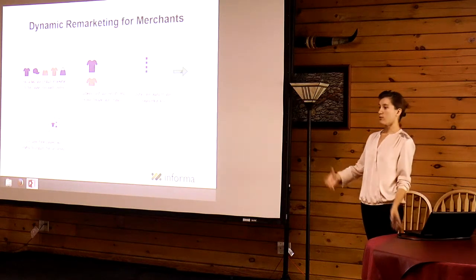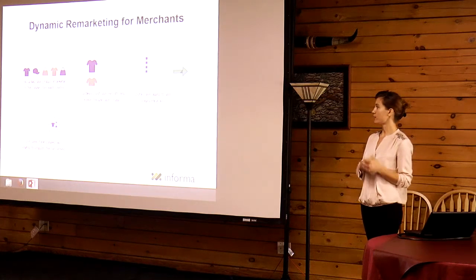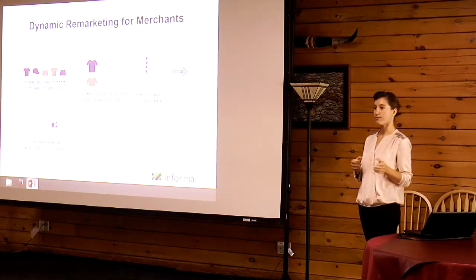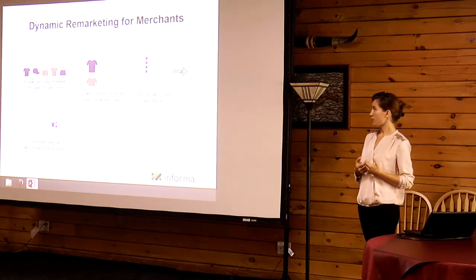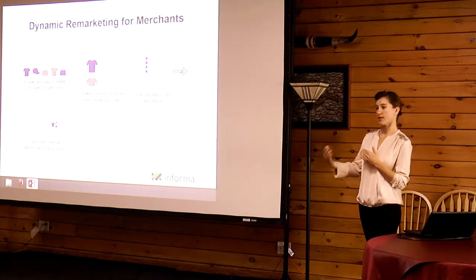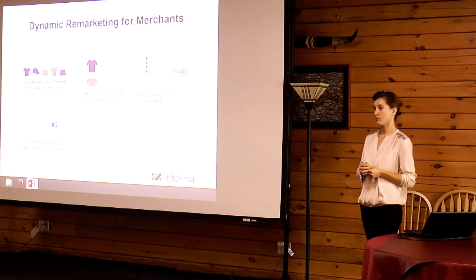So let's say you sell books and you have a user who visited your website, viewed a couple of your books, but then didn't buy them. And then you can show ads to this user with exactly the same books he viewed or some similar products. So these ads are dynamically created using data from your Google Merchant Center, based on users' behavior on your website.